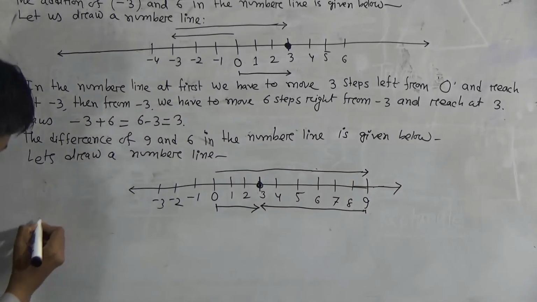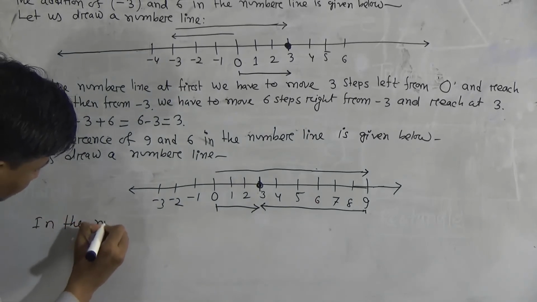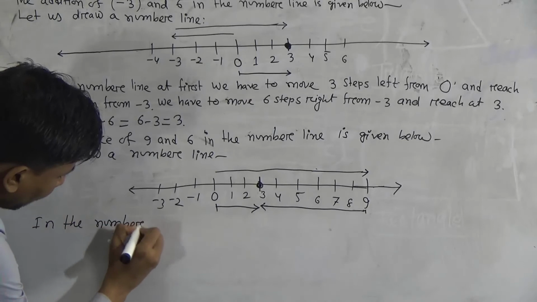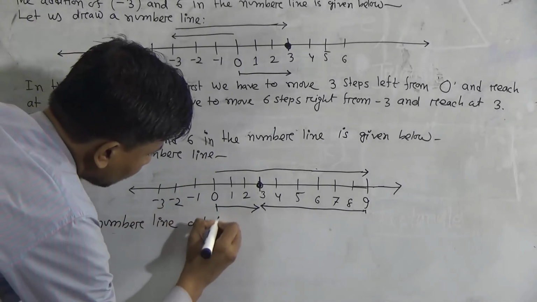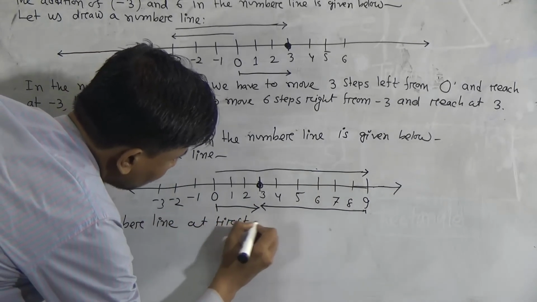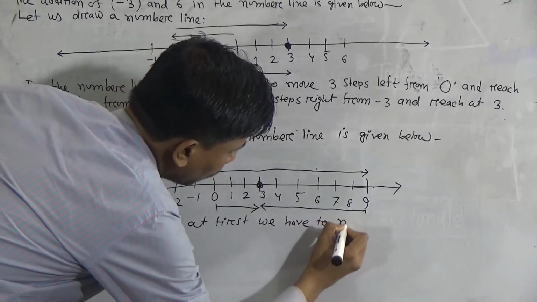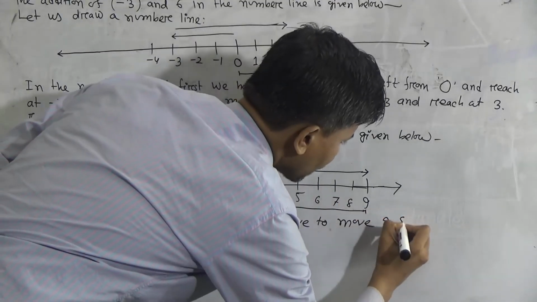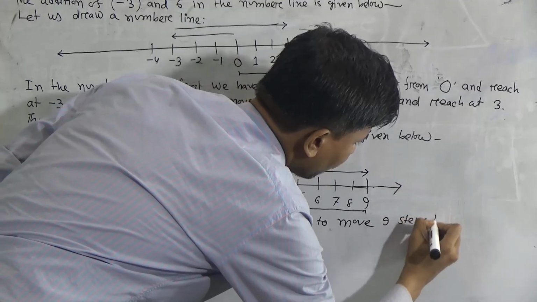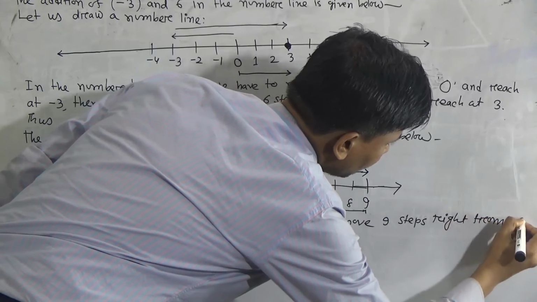In the number line, at first we have to move 9 steps right from 0.